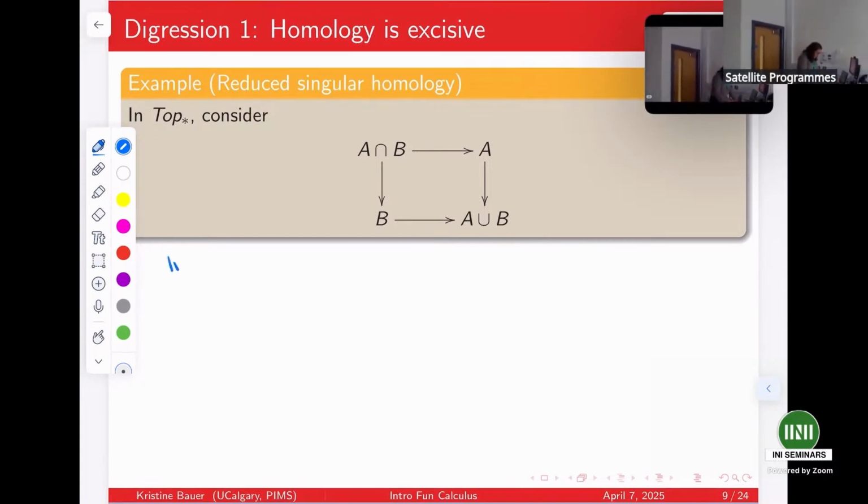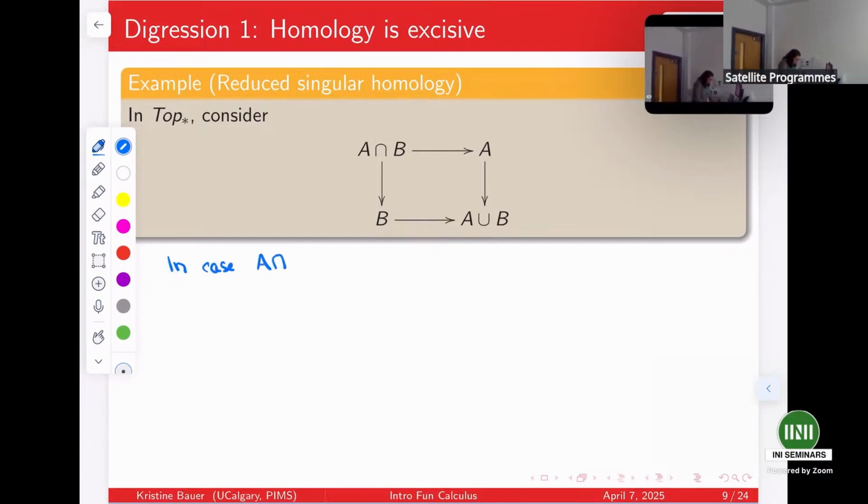Now, in the case that A intersect B is trivial, then this pushout diagram is, in that case, just a point, and this, of course, is just the wedge of two spaces, usually written this way instead of with a union.